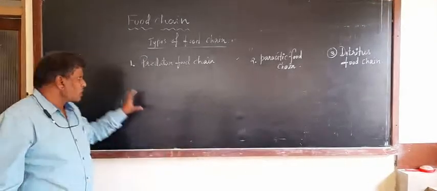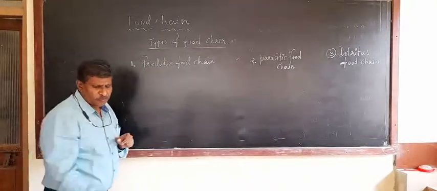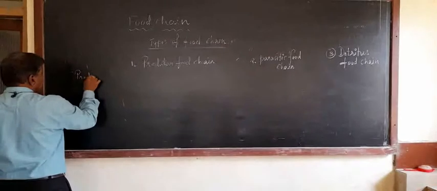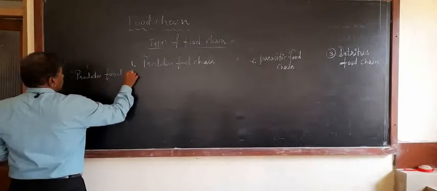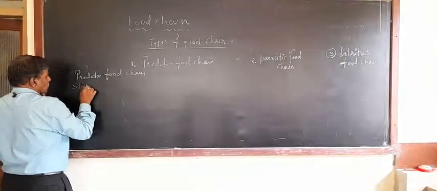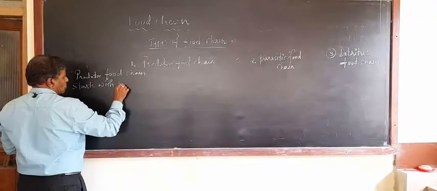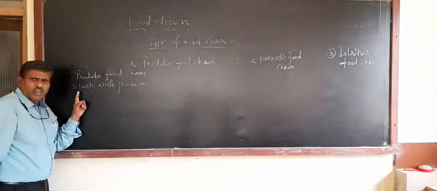Okay, let me consider the very first one, the predator food chain. Usually this predator food chain starts with the producers. Normally it starts with the producers.